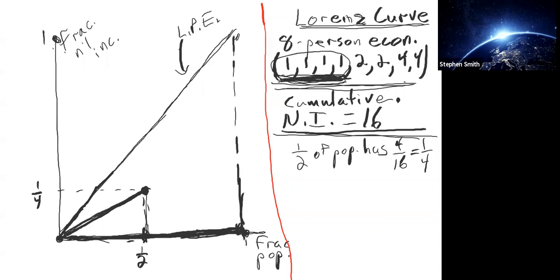But of course, what this means is that the bottom 1/8 has 1/16, bottom 2/8 has 2/16, bottom 3/8 has 3/16, and so on. And we could work those points out one by one if we wanted to, but we're going to do this efficiently. So then proceeding, what we can remember is that everything has to be cumulative.